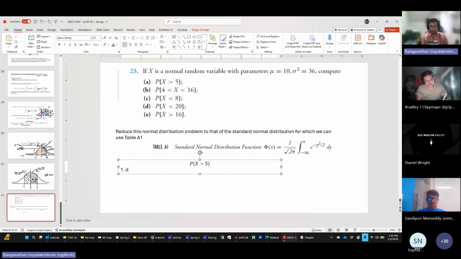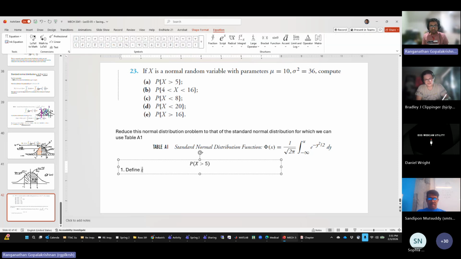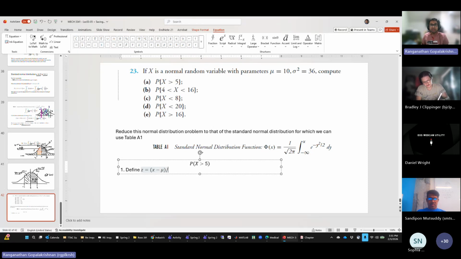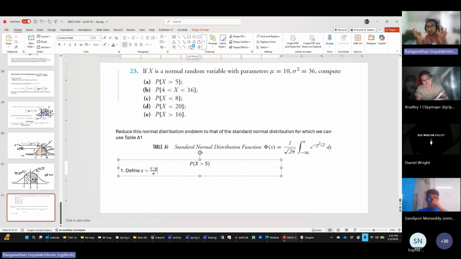Step 1, define Z equals X minus mu divided by sigma. That is, calculate a new random variable, Z, which is centered at 0 and has a standard deviation of 1.